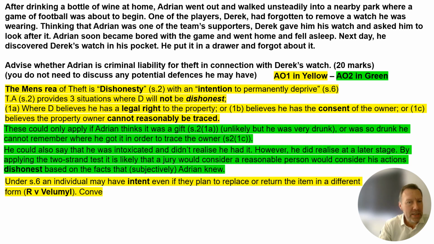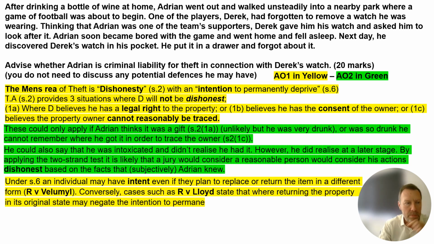To be honest, this two-strand test, looking back at it now, really should be in the AO1 at some point. I'm probably relying on the Act a bit too much, but at some point you ought to, in the AO1, explain what the test for dishonesty is.